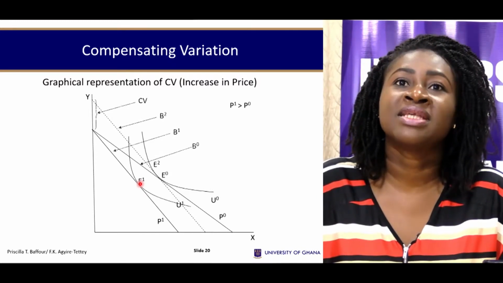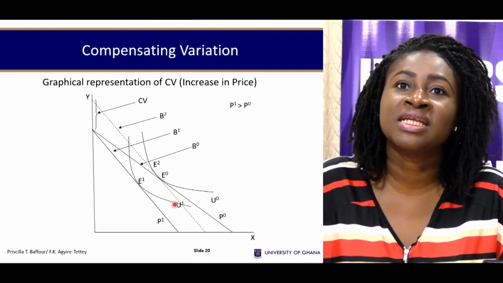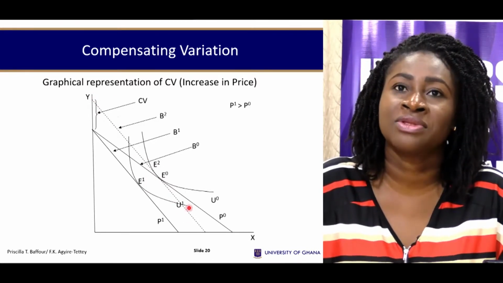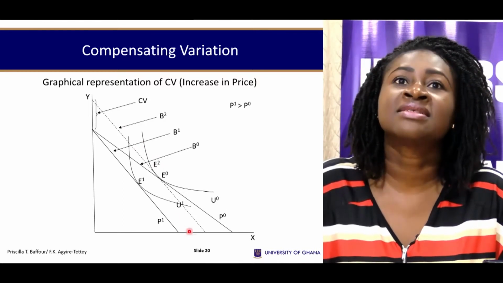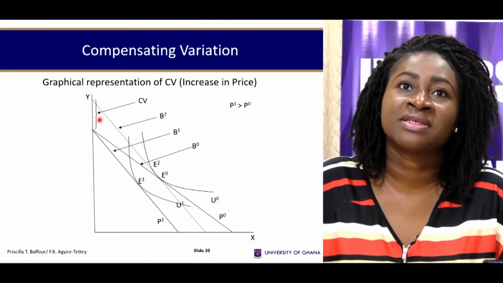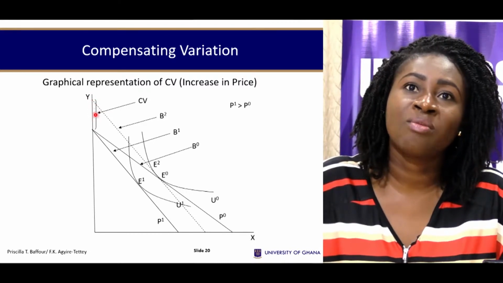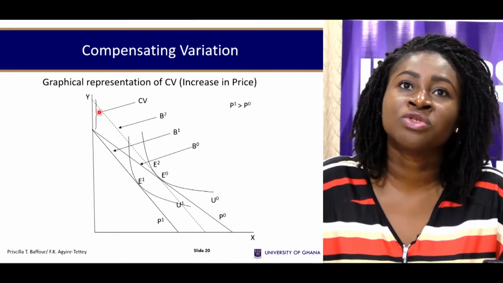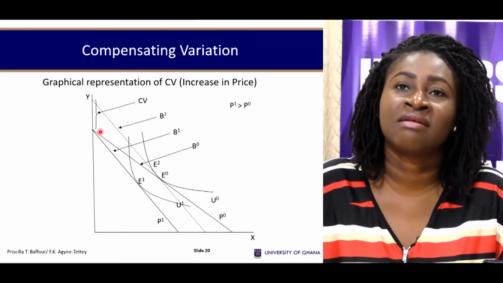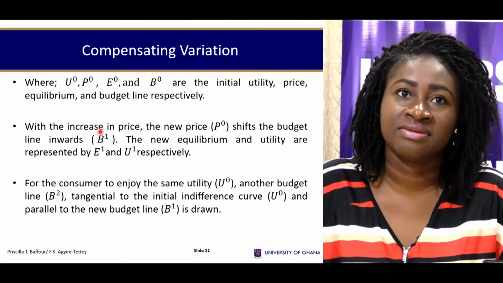So with compensating variation, we see how much we should give to this individual to restore him back to the original level before the price increase. And this is how much we have to give this person. The gap between this is the quantum of money we have to give to this individual to restore him back to the original level before the price increase, right?